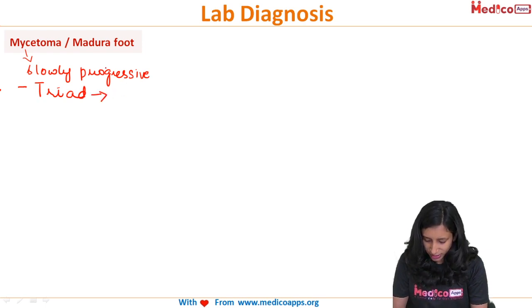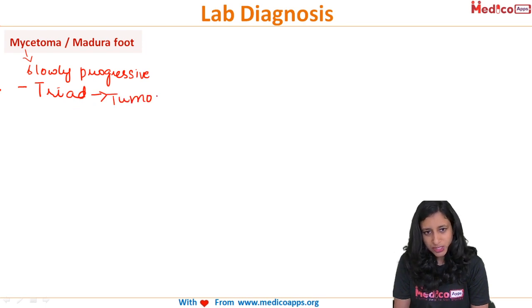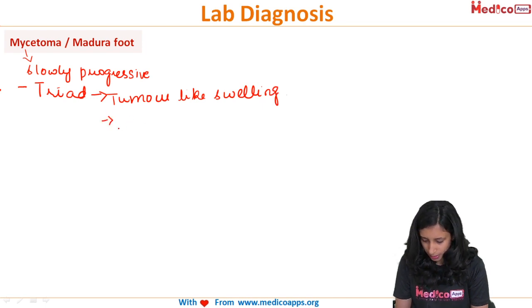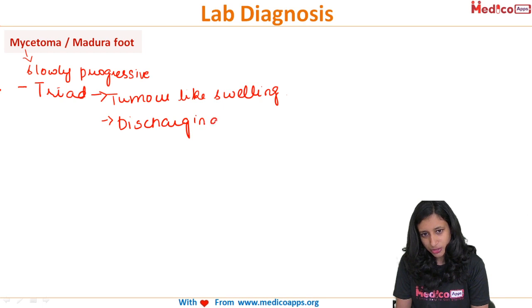So the triad is nothing but, you have tumor-like swelling, which is the first important one. Second one happens to be discharging sinuses, which is your second important part of the triad.